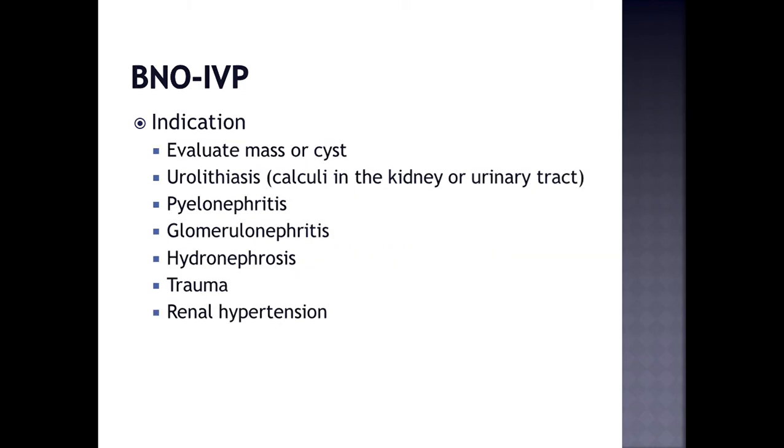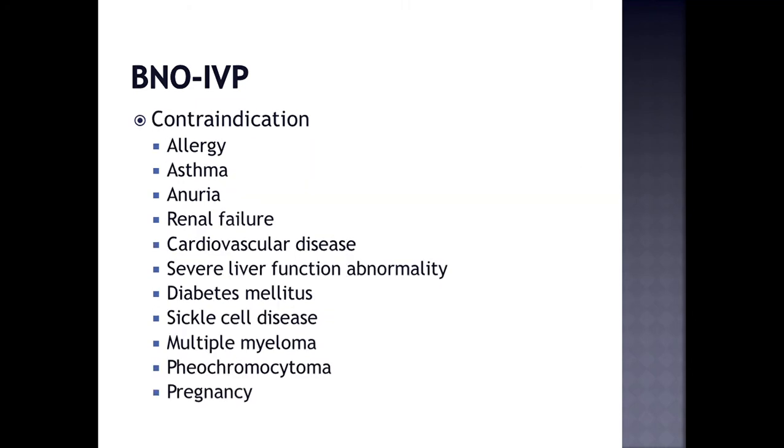IVP is generally indicated to evaluate mass or urolithiasis, where there are calculi in the kidney or urinary tract, for the evaluation of pyelonephritis, glomerulonephritis, where renal function can be assessed, hydronephrosis, trauma, and renal hypertension.